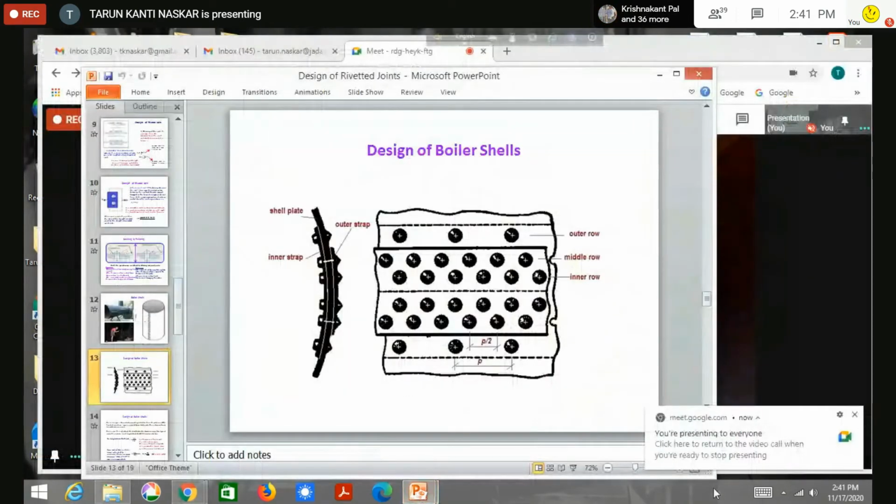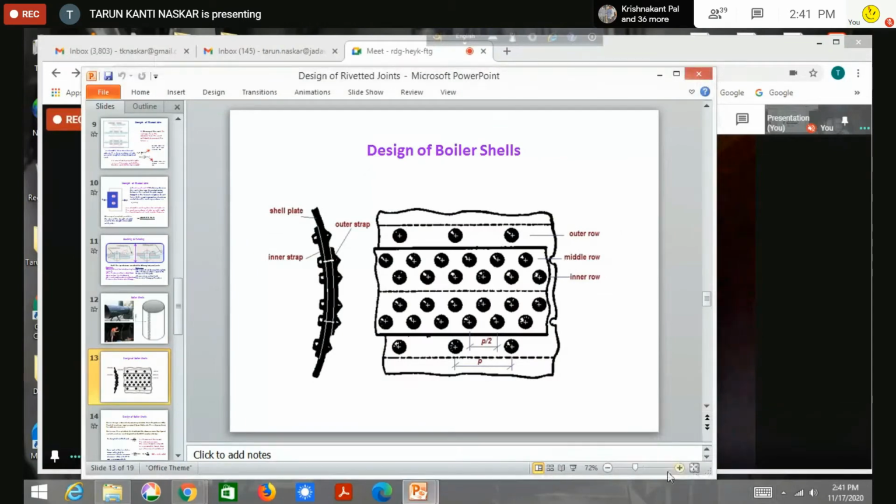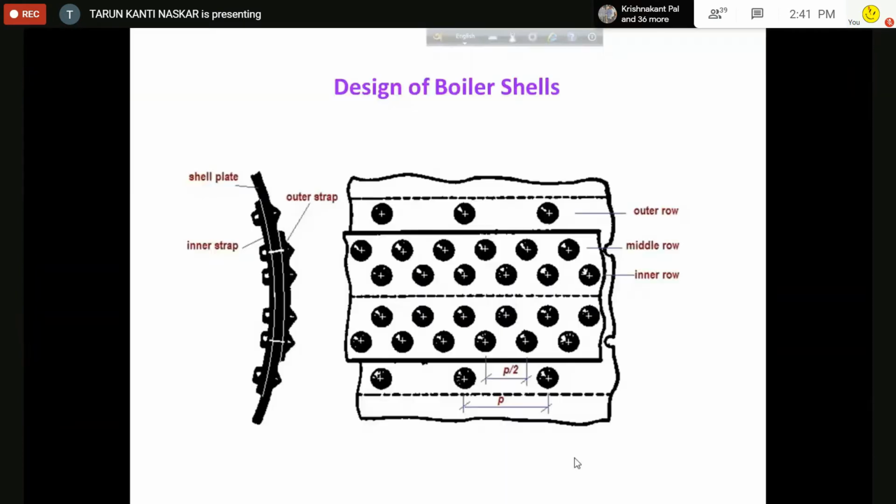Now you look at this, this is the inner row and they are in zigzag form. They are made in the zigzag form, and in the outer row you see the number of rivets is less. So this is the outer row of rivets, this one and this one.